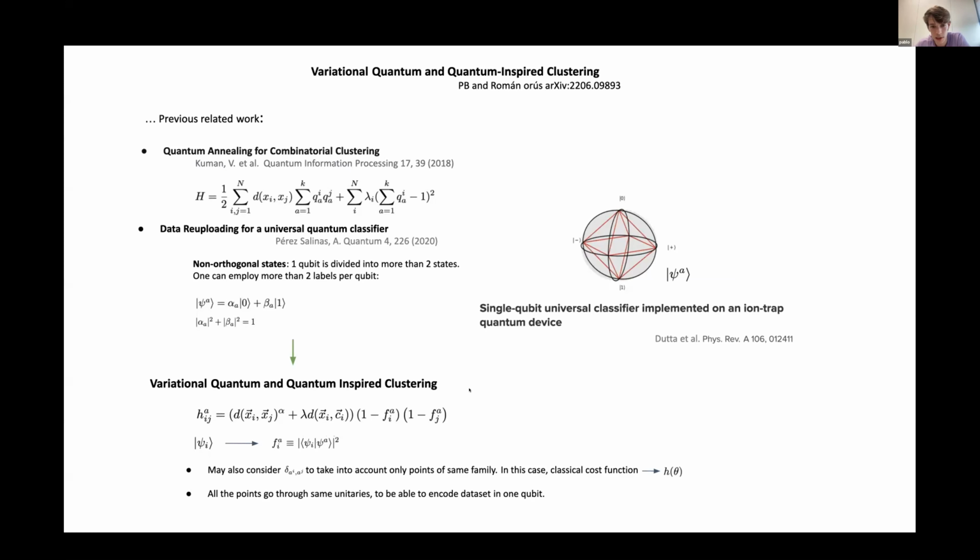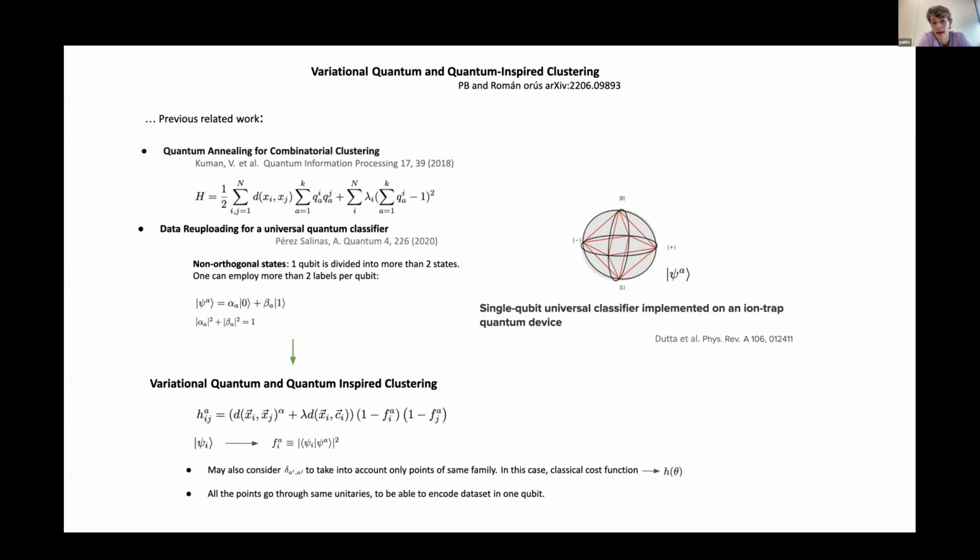I don't want to mess with the algorithms, just for you to have a rough intuition that we are trying to cluster, we are trying to group points in a data set. We are doing it by means of encoding the labels to which each point could belong in a single qubit.